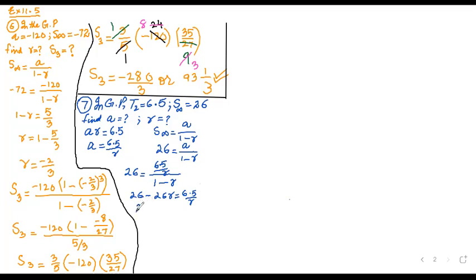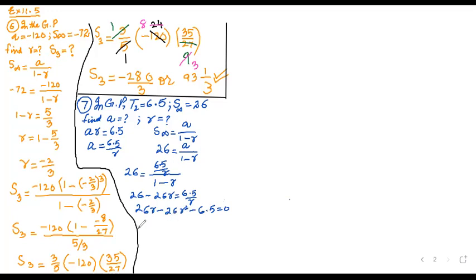So this will become 26R minus 26R square, and then shifting 6.5 towards the left hand side. So this will become 6.5 equal to 0.